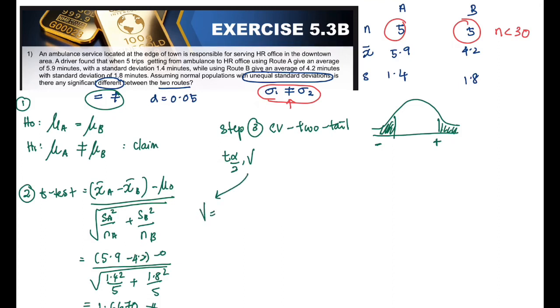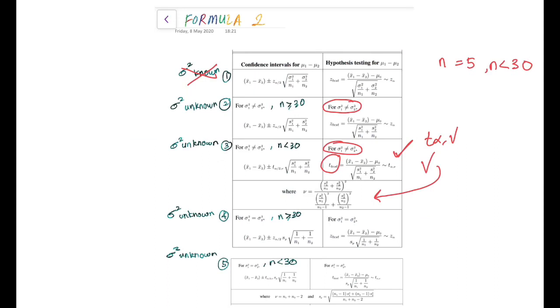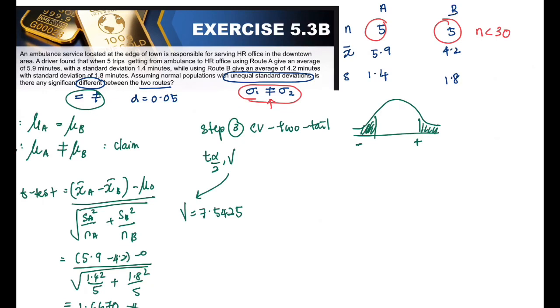Nu is equal to 7.545. How did I find this nu? I use this formula. Make sure you put the values correctly, and then you will get nu equal to 7.5425.